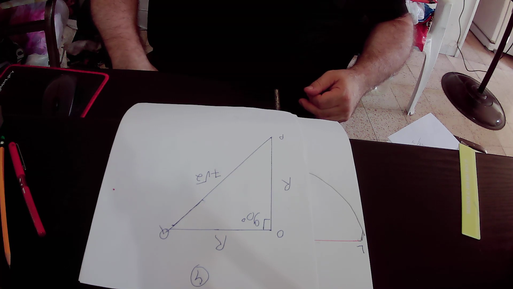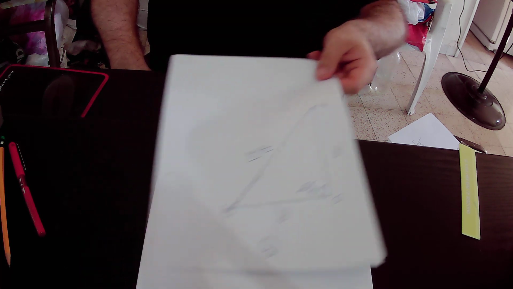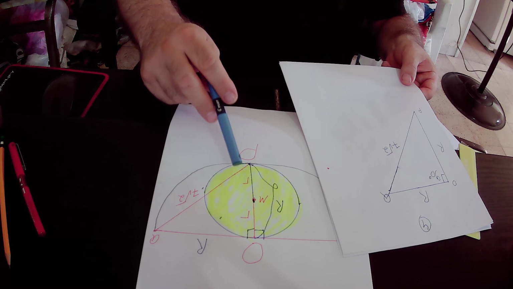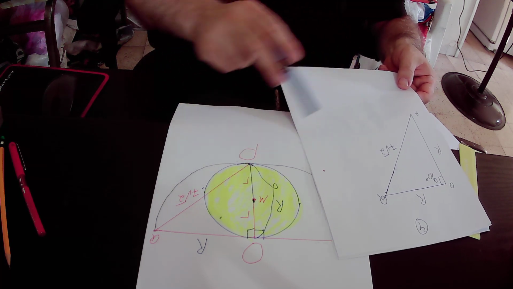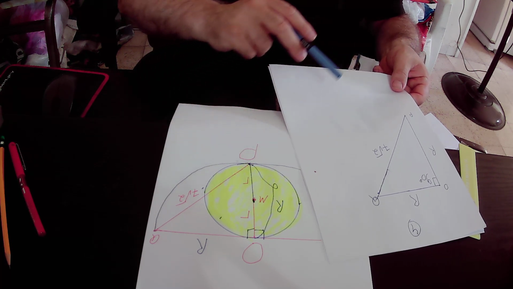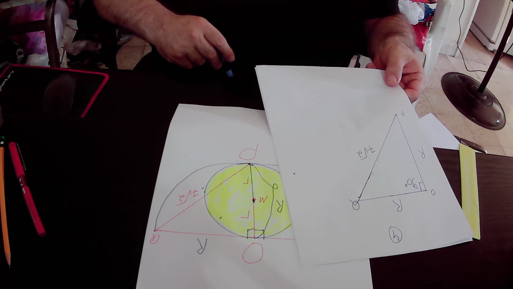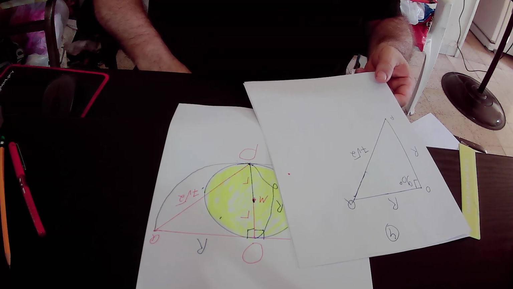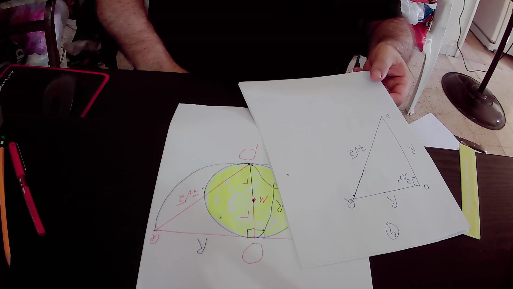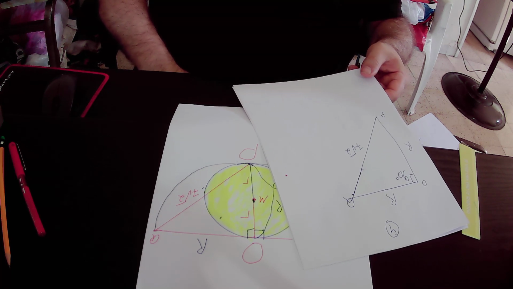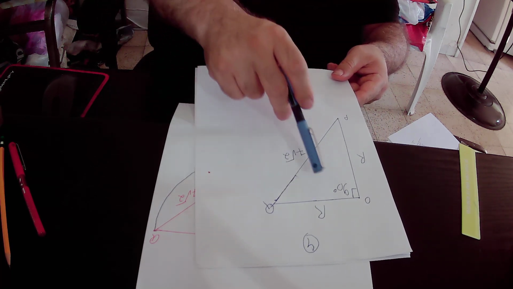It is exactly as the original triangle, as you can see, and here we can implement the Pythagorean theorem in order to find out the value of capital R.